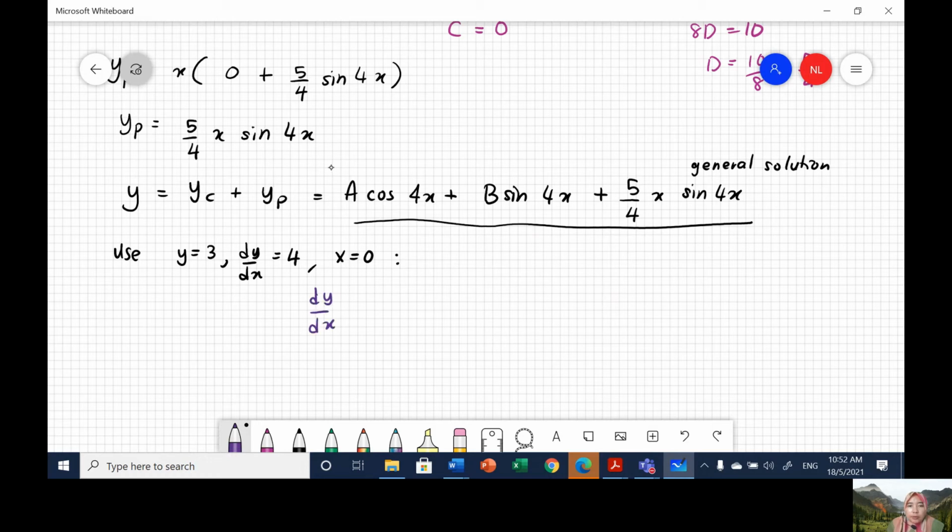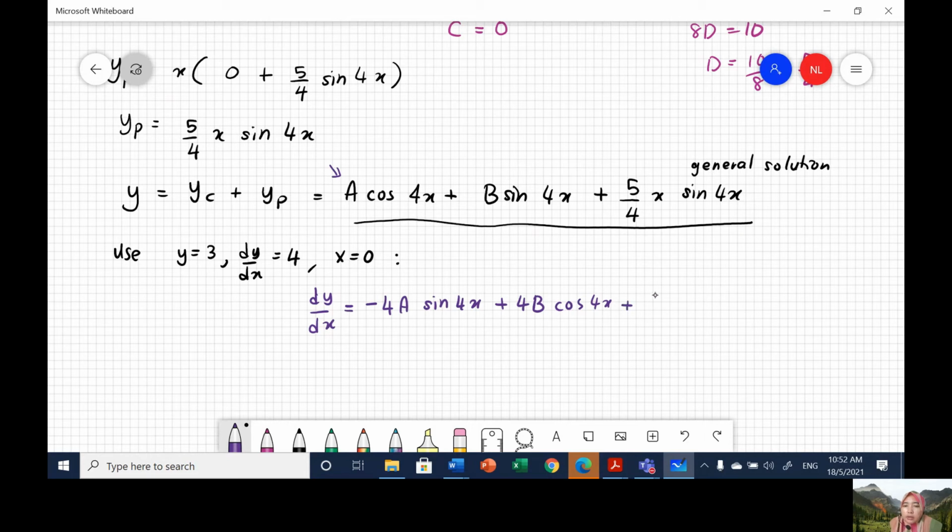This is your y. Differentiate this one, everything here, until the last one. We got negative 4a sine 4x plus 4b cos 4x. This last part is a special case to differentiate because we have x times sine 4x.